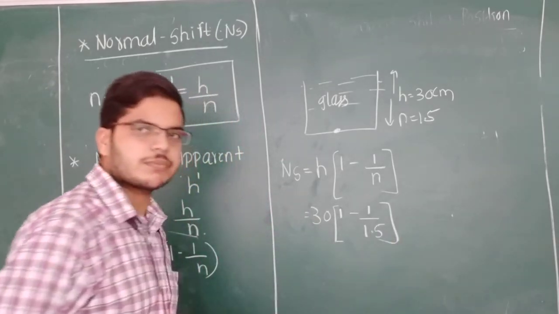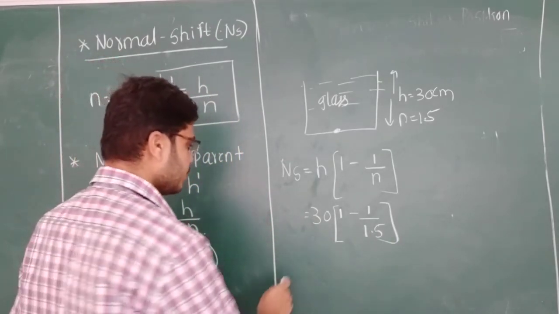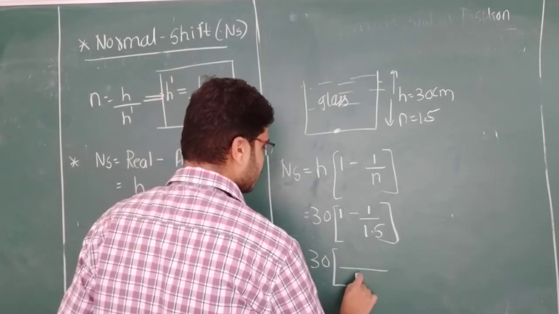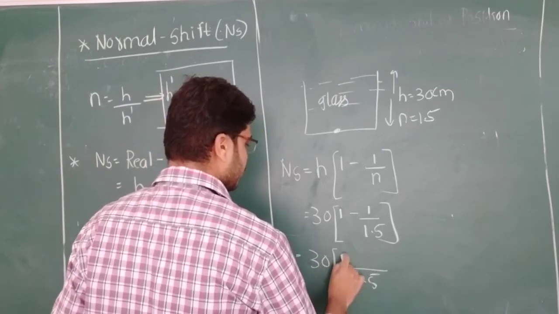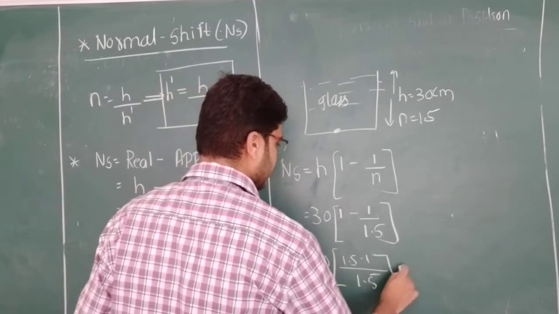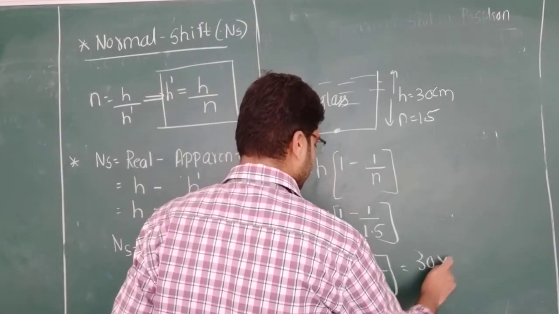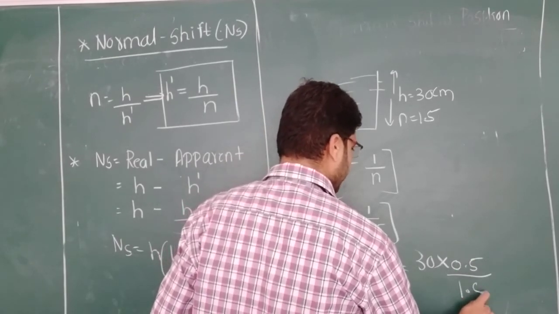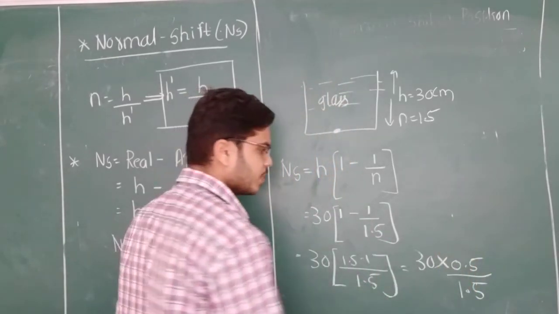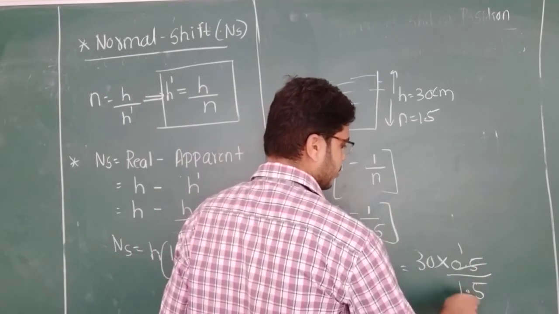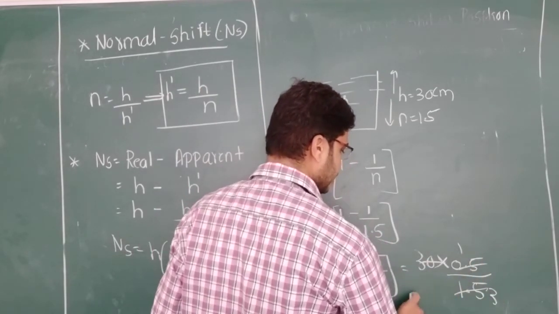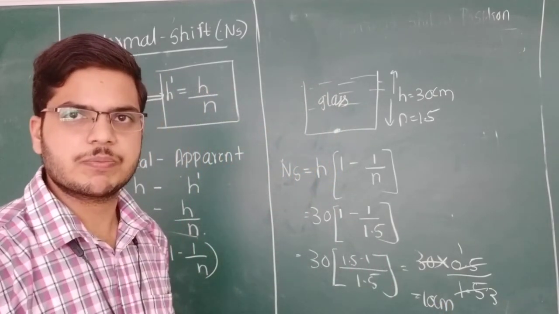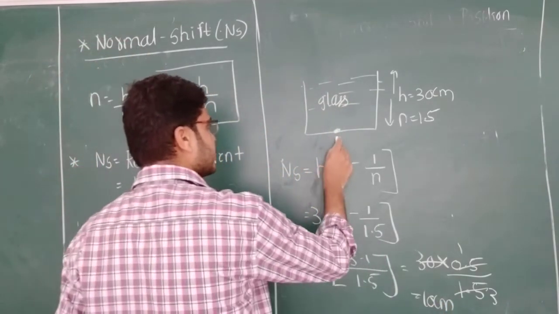Is it clear? Therefore, 30 into (1.5 minus 1) divided by 1.5, that is 30 into 0.5 divided by 1.5, 0.33, that is equal to 10 centimeter, which is the normal shift. Means this is the normal shift.